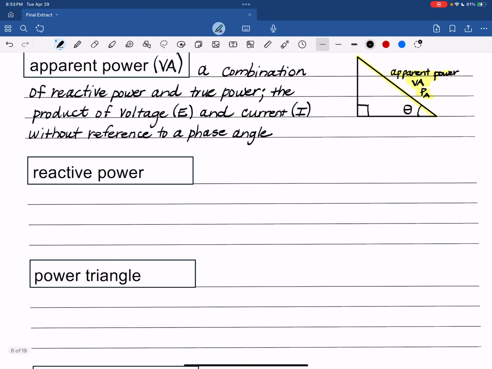Reactive power. The abbreviation we're going to use is VAR.